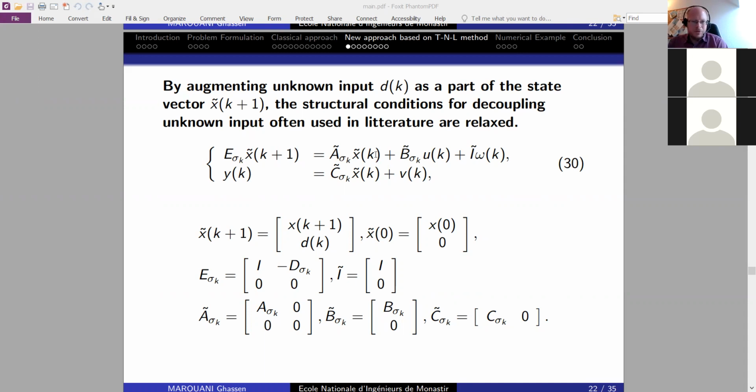Yes, it is possible. Or we can also use some techniques based on numerical differentiation, for example, using sliding mode techniques. Maybe it's possible also to estimate the unknown input, but not exactly with this approach.